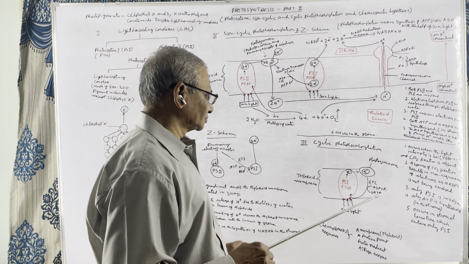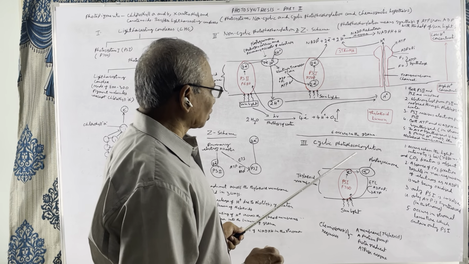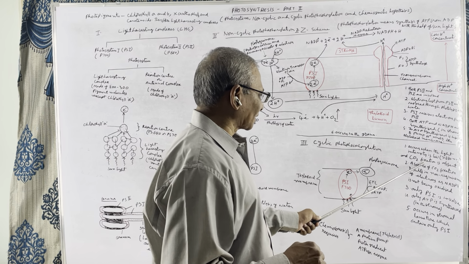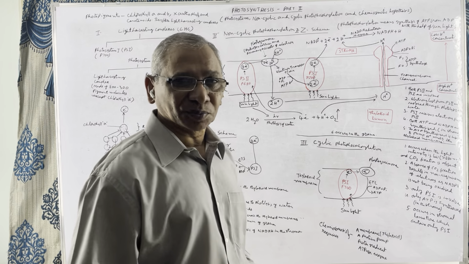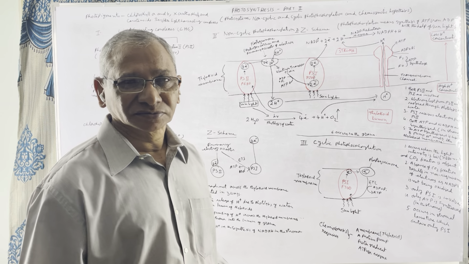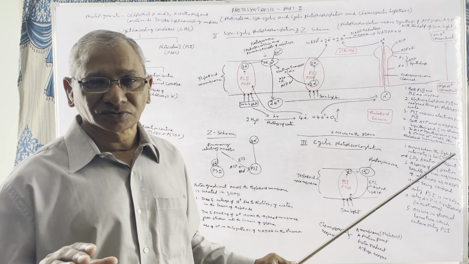Then, it occurs only when there is no fixation of carbon dioxide, or when the carbon dioxide is not utilized in the synthesis of carbohydrates. See, till now we have not seen the role of carbon dioxide.